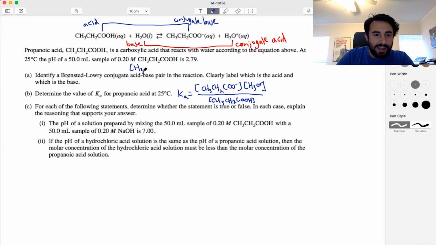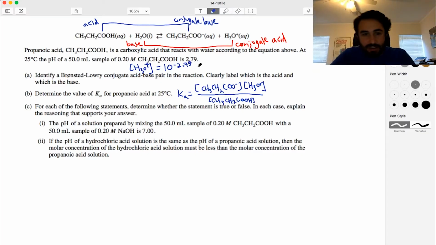So if we want to get the hydronium concentration, we just do 10 to the negative pH, 10 to the negative 2.79. So there's all those equations that we need to know. We need to know that pH is negative log hydronium concentration, and then just the reverse. We need to be able to go from pH to hydronium concentration. So 10 to the negative pH is going to undo the operation in the other way.